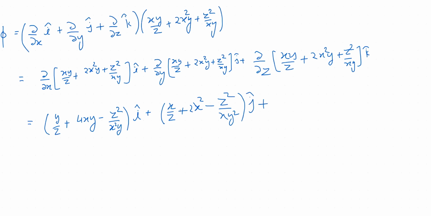Here we will have minus xy over z square. And this will be 0, and here we will have 2z over xy into k cap. This is the gradient of phi.